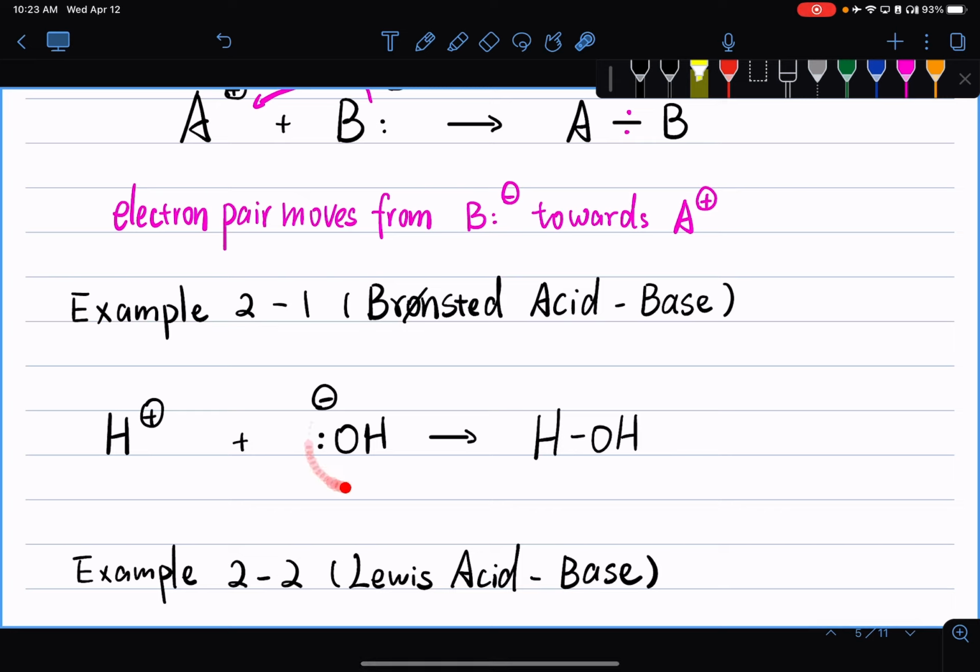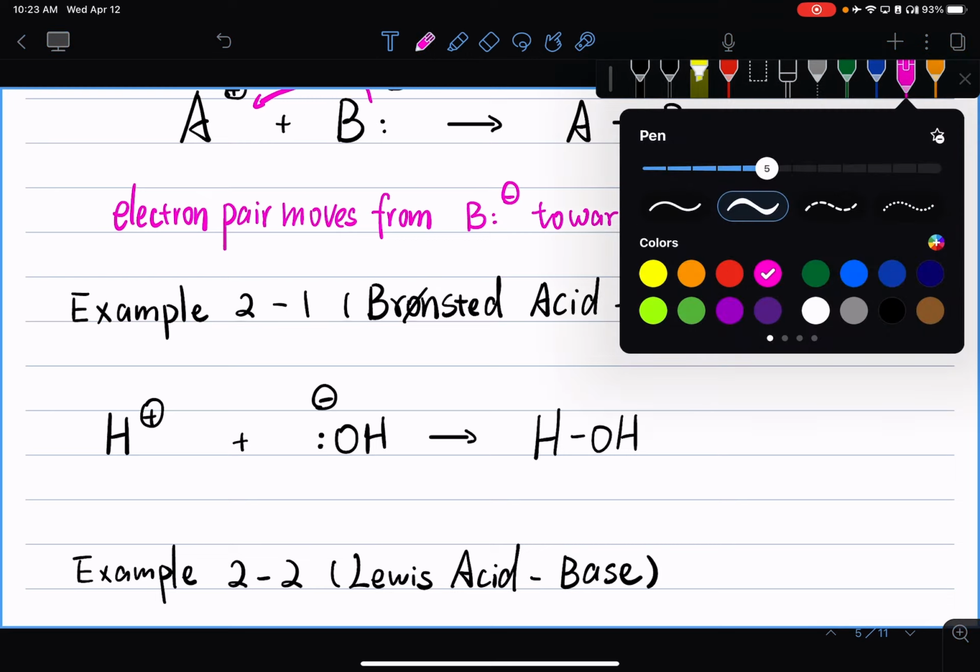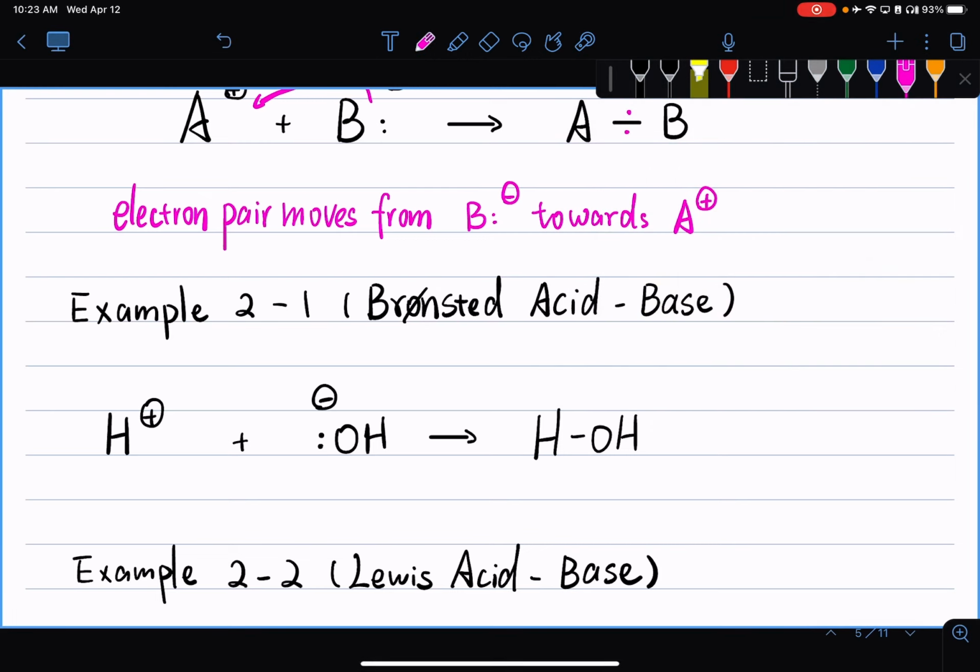But here, if we look at the reactant, we have the hydroxide anion. We have a proton. So apparently my electron is in my OH minus. And the new chemical bond that's forming is between the hydrogen and the OH. So how do we draw the arrow pushing? We start from the electron, and that's pointing towards that proton.